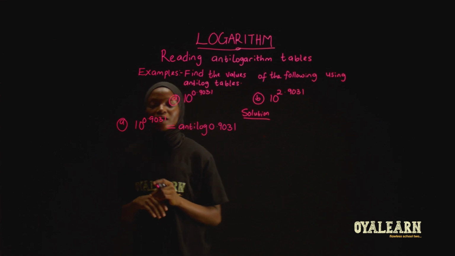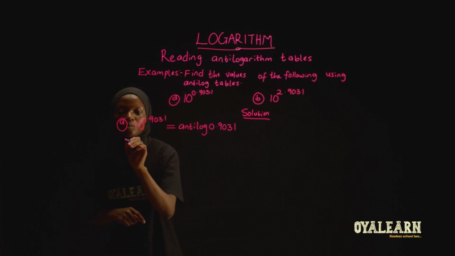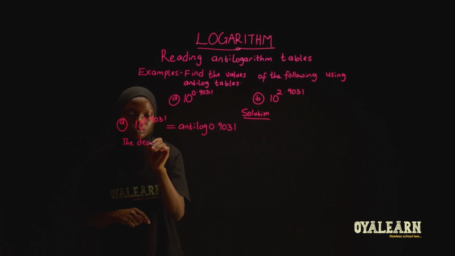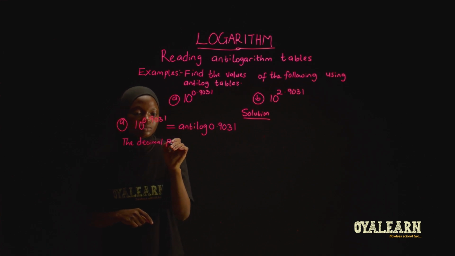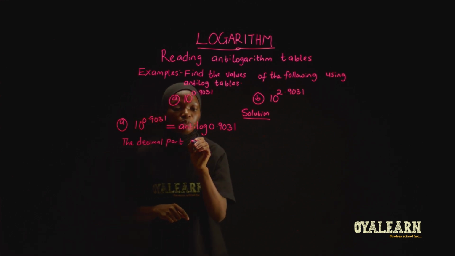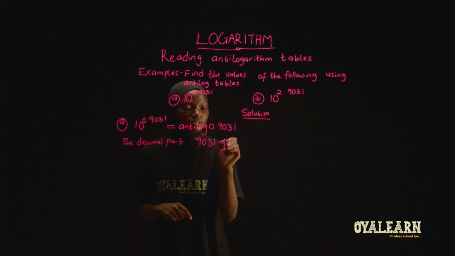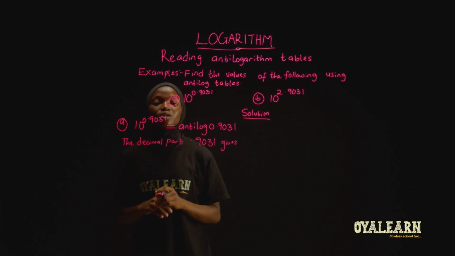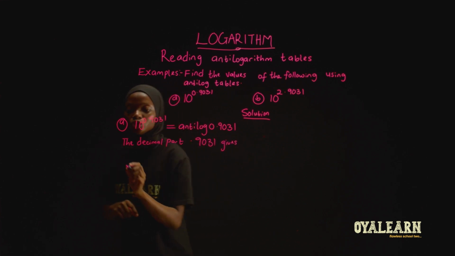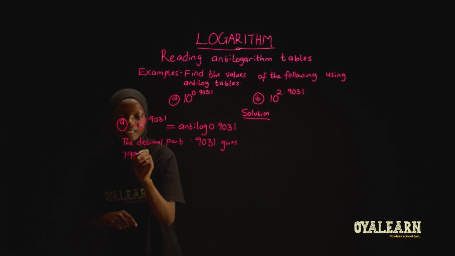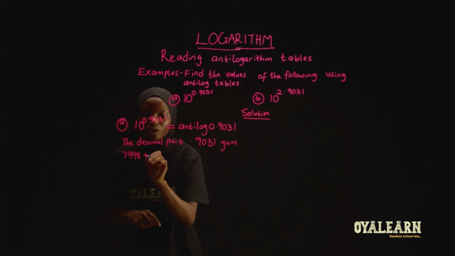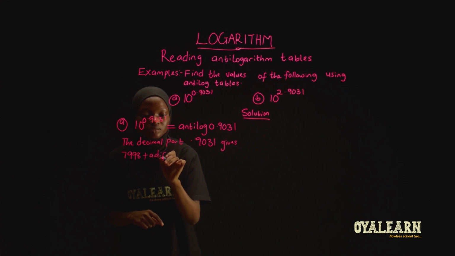And here, for the decimal part, that's what we have to check in the table. 0.9031 gives, under your antilog table in 90 under 3, you have 7998, then plus a difference.